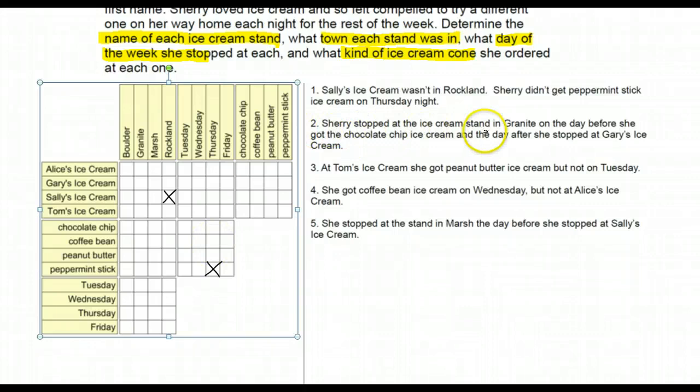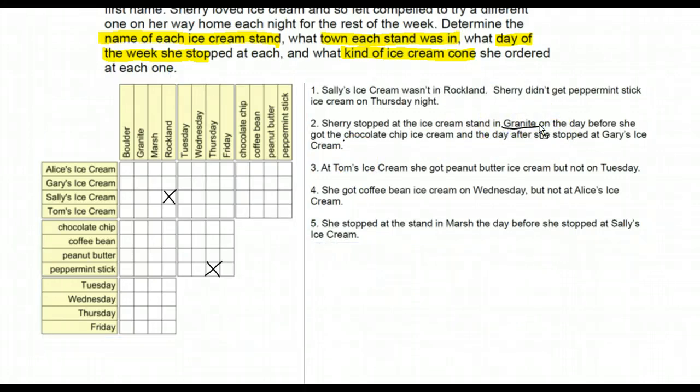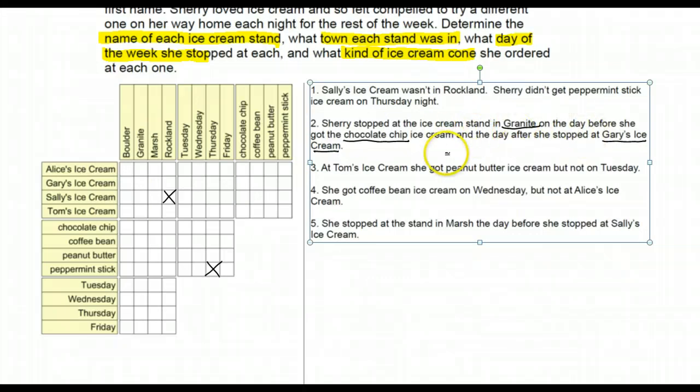Let's go on to the second clue. Sherry stopped at the ice cream stand in Granite on the day before she got the chocolate chip ice cream and the day after she stopped at Gary's ice cream. Well, there's actually 3 clues here. Granite, chocolate chip, and Gary's ice cream. And since this refers to order, we can put those 3 things in order according to this clue.